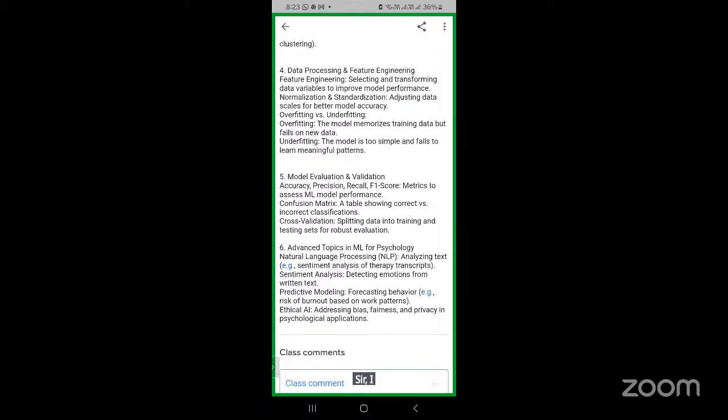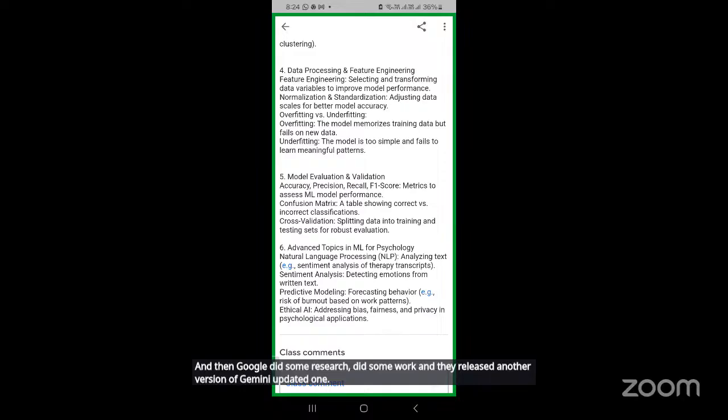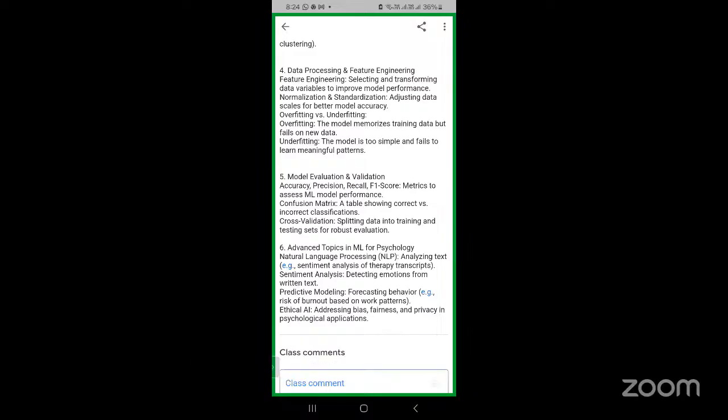Sir, I remember one thing that recently, when Google released Gemini, it was under very much criticism. Then Google did some research and released another, updated version of Gemini, where they made it very data specific, which improved the accuracy of the Gemini model. Also now, when Gemini shows results, it provides an option to check the resources.